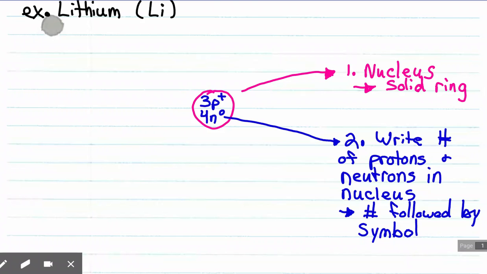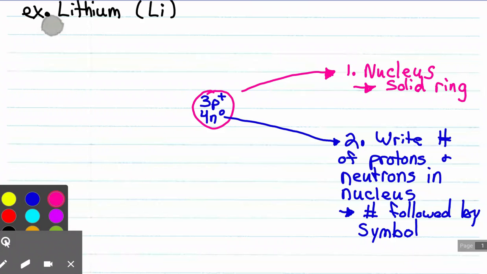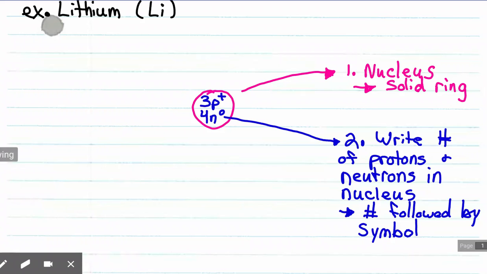So our first step is to draw the nucleus as a solid ring, and our second step is to put the number of protons and neutrons in our nucleus. The next thing that we need to do is add our electrons. And this is where it gets a little bit more tricky.